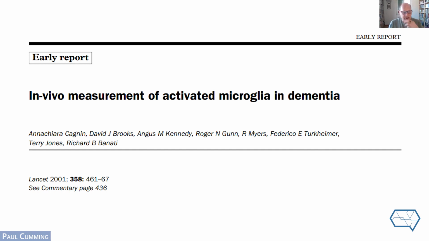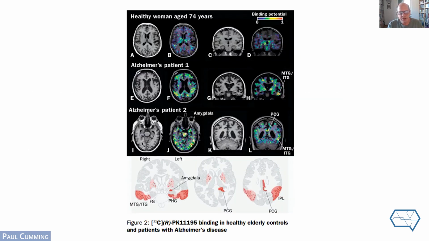we can see that various people, including Bonatti and people from London, were very interested in looking at microglial activation in dementia. Next slide. Using a PET tracer specifically targeting something on the surface of microglia.